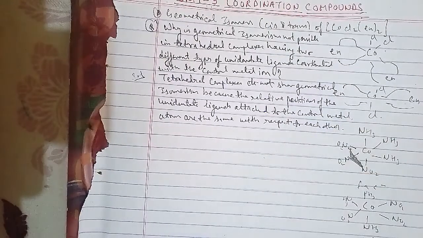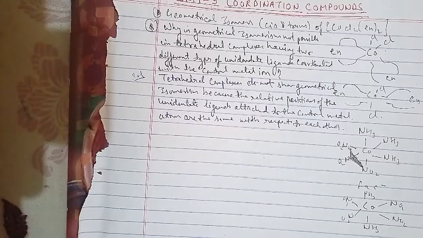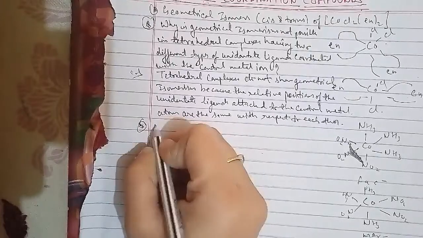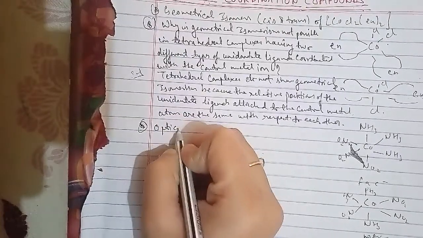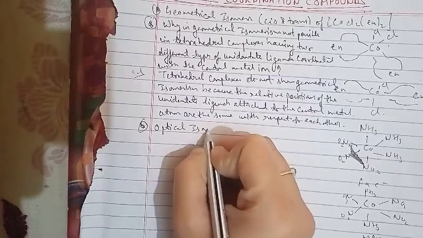So in terms of optical isomerism, that is what we have to talk about. Here, the optical isomers are mirror images that cannot be superimposed on one another. These are called enantiomers, and the molecules or ions that cannot be superimposed are called chiral.